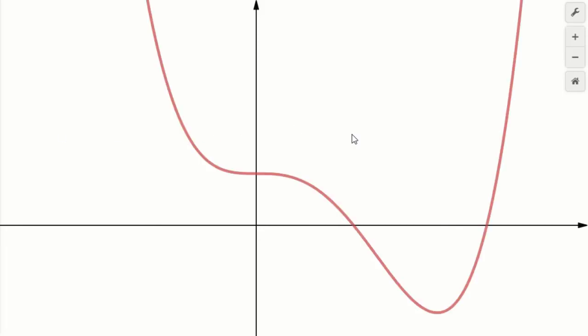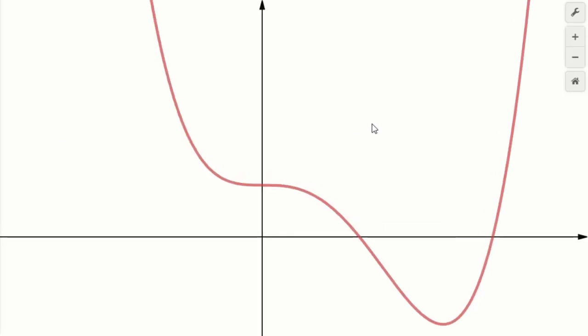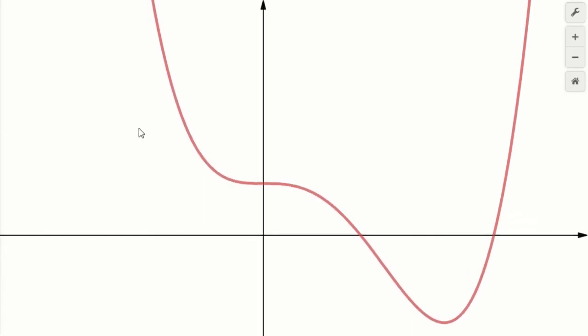All right, before we are completely finished with this lesson, let me quickly show you the graph of our example 2. Allow me to put the graph a little bit off scale. This is the graph for our function f of x equals x to the 4th minus 4x cubed plus 10.